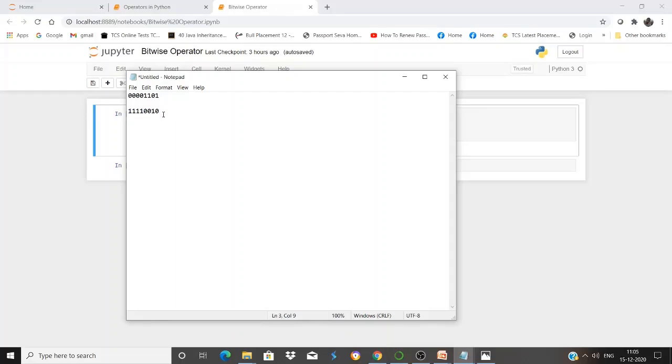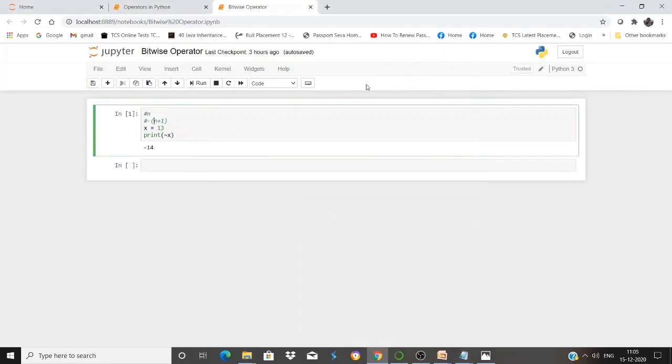There is another way to check whether the number is negative or positive, and that is by checking our earlier formula. What we said is, if the input is n, the output will be minus n plus 1. So the sign of the output will be exactly opposite of that of the input.